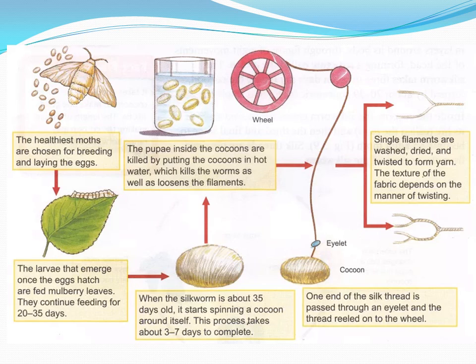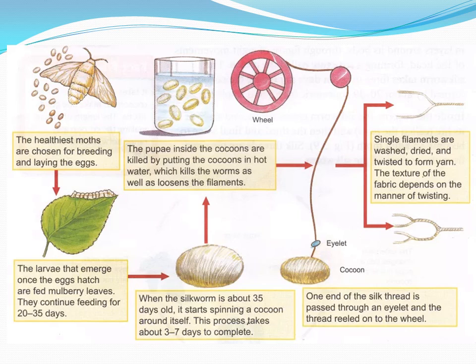Then, as I told you before, when this larva is about 35 days old, it will start spinning a cocoon around itself, and this cocoon contains the silk fiber. This is a whitish cocoon, and inside it the larva is present.